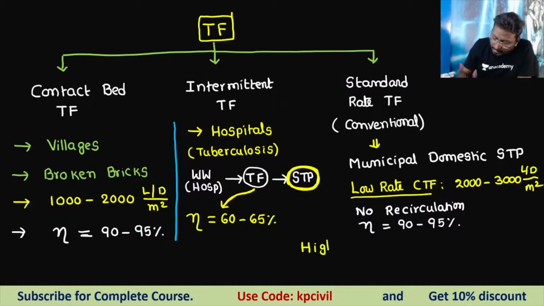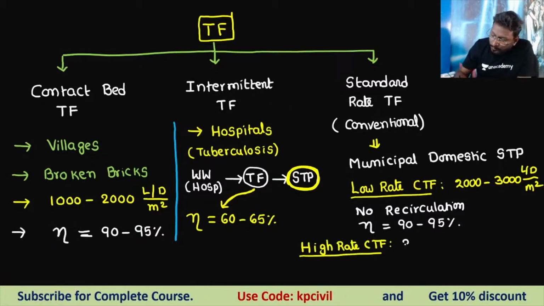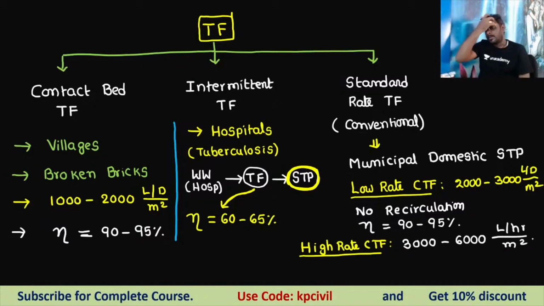Then we are talking about high rate conventional trickling filter, high rate CTF. It shows 3000 to 6000 liter per hour per meter square. Very important. Very huge rate of filtration.